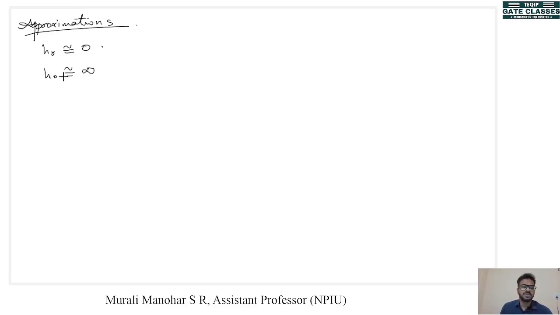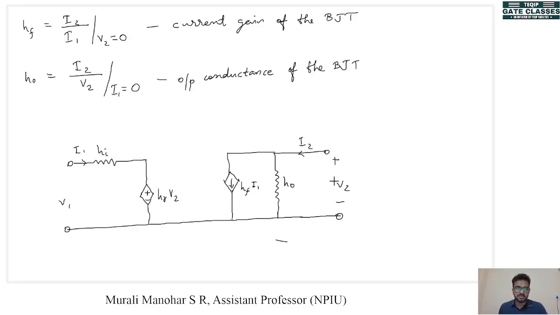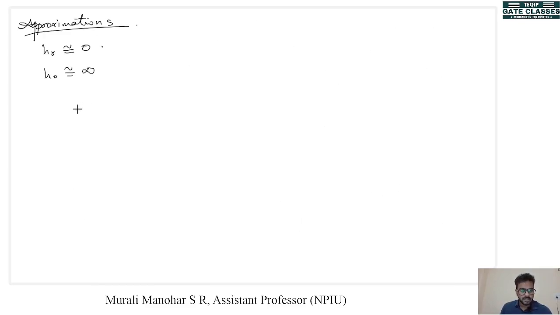So we know that when HO is approximated to infinity, this becomes an open circuit. So this HO part will be an open circuit, so we don't have to consider that. And this HR is almost 0, so HR into V2 can also be neglected. Now the hybrid equivalent parameter model will look like this. There is our HI and there is our controlled current source.